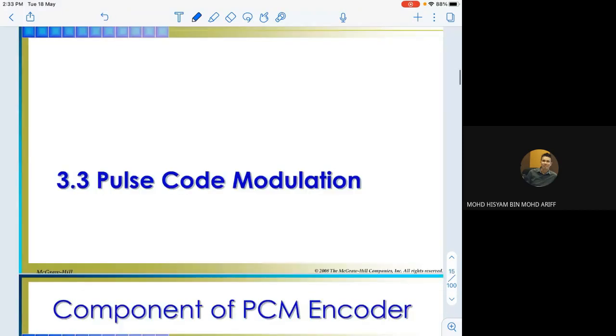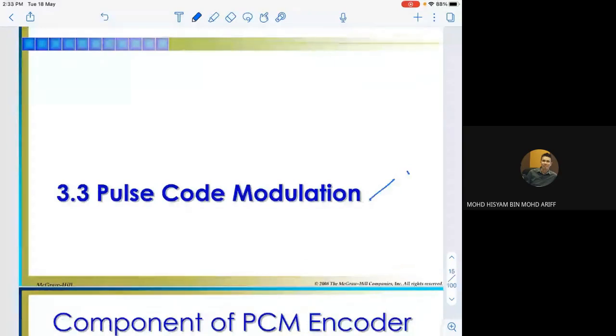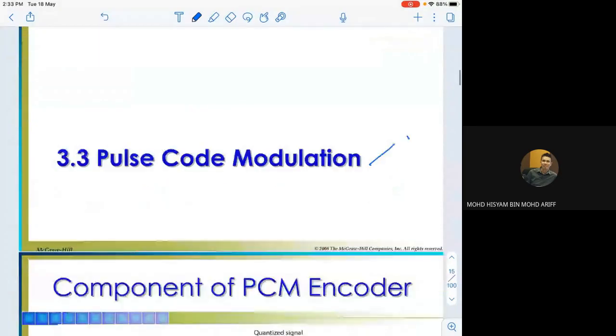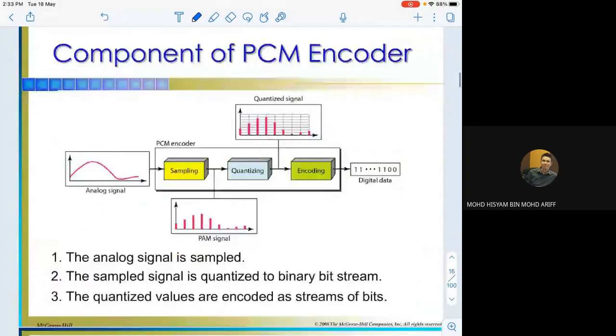Now we go to the PCM. This one is very important. What is the PCM? As I recap again, PCM is the analog to digital converter, meaning convert from analog to digital. The first step, remember, is the analog signal is sampled.